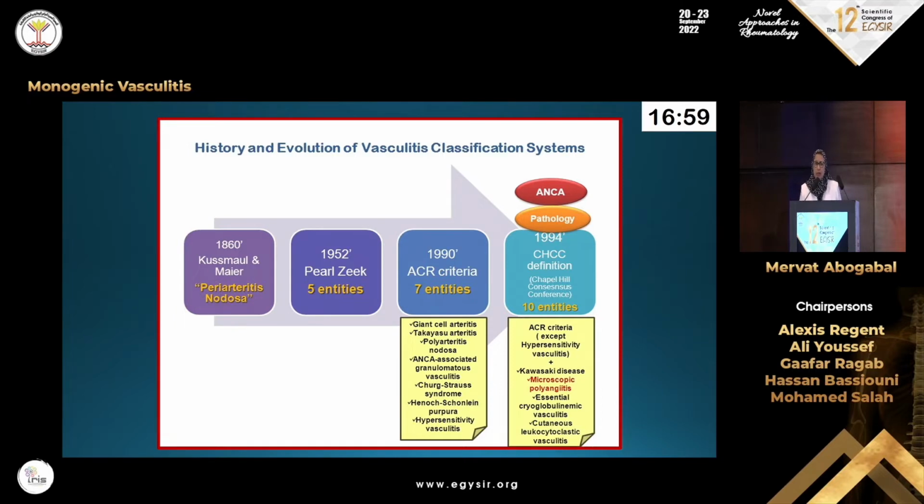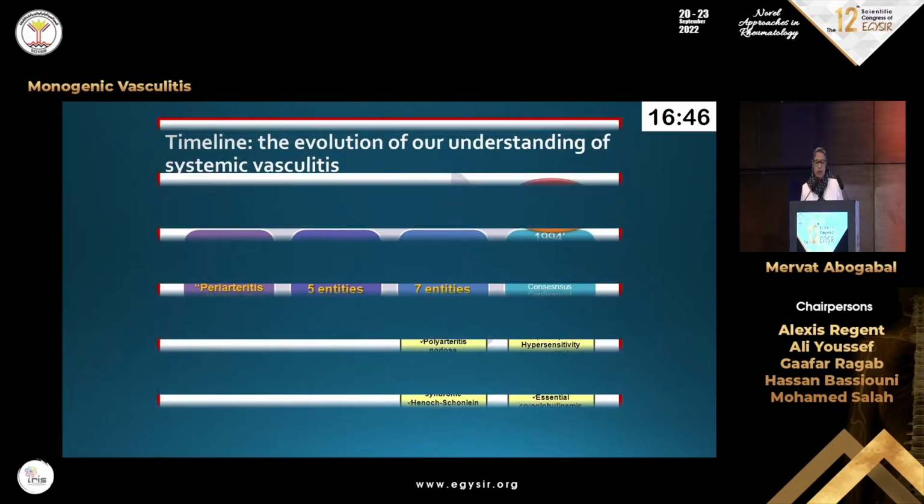In the same Chapel Hill classification, they introduced pathologic description for some forms of vasculitis when possible. Also, they incorporated serologic markers like ANCA into this classification.